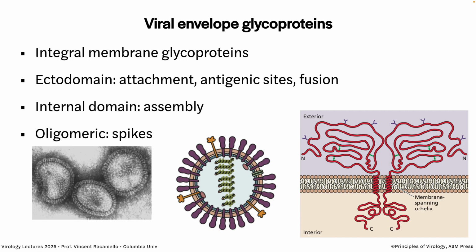And when you have a membrane, you have glycoproteins embedded in the membrane because that's how the virus particle can recognize the cell. These are called integral membrane proteins. They have typically an ectodomain, a transmembrane part, and a part that's in the interior of the particle. And often they are multimers. They form what are called spikes when we look at them under EM.